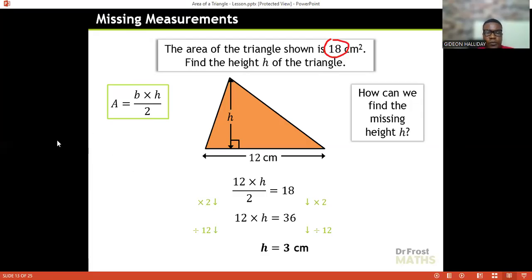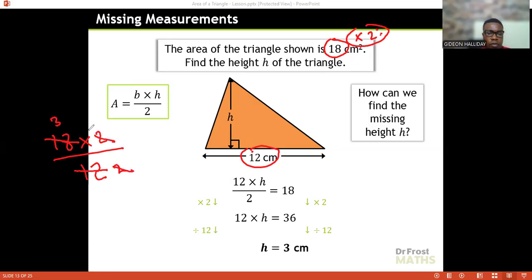So you're multiplying the area by 2 first, and afterwards you divide it by the other dimension. So 18 times 2 divided by 12. 6 cancels, this is 2, and then 2 cancels, and you have 3 centimeters left.